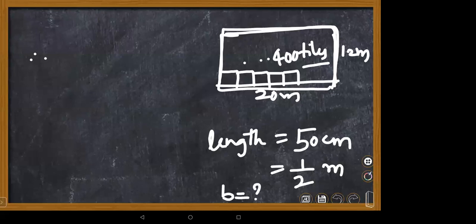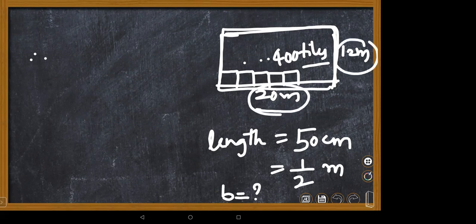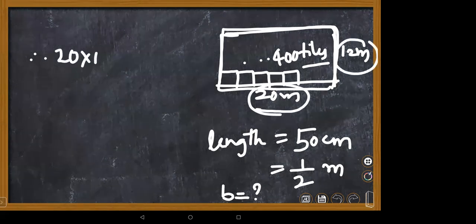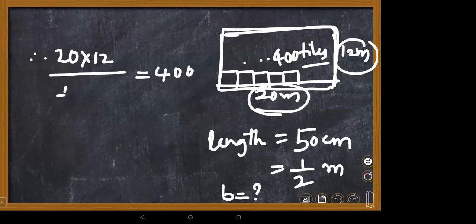So you need to find the breadth of your tile, the unknown thing. To find the breadth of the tile, you have to divide the total area, 20 into 12 meters, by the tile area. Each tile area means length into breadth. The length is half meter, and the breadth we don't know.